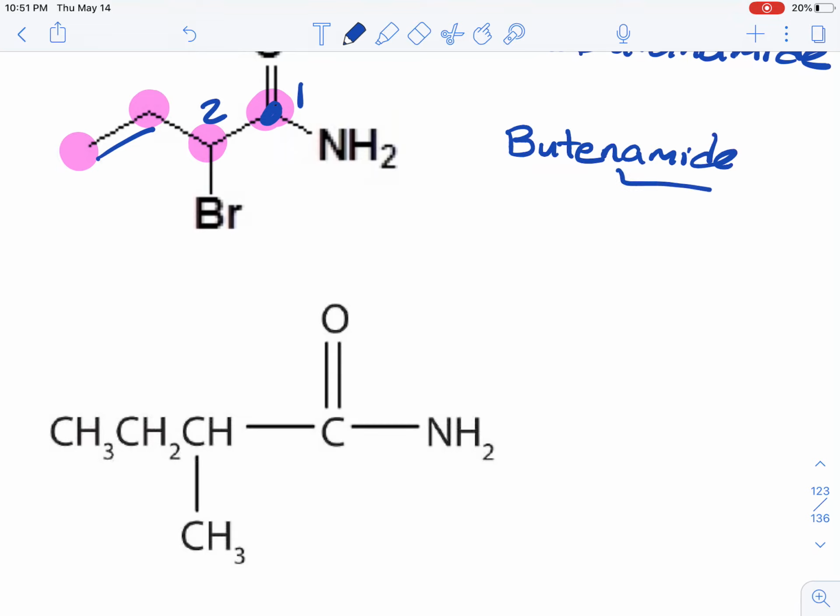And once again, since this is a primary amide, I don't need to put in the carbon number. But I do need to indicate to my reader where this double bond is going to be located. And it turns out that in this structure, it starts on carbon number 3. So I'm going to put 3-butenamide, meaning that the double bond is on carbon number 3.